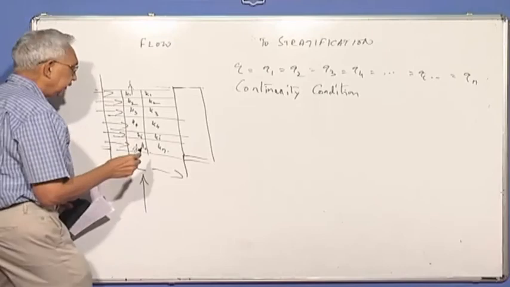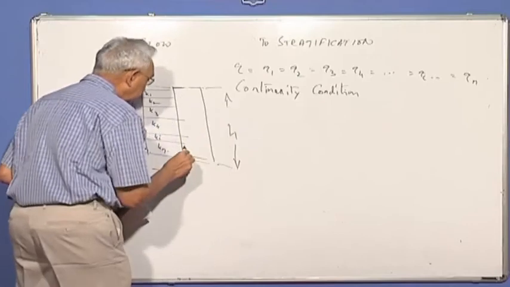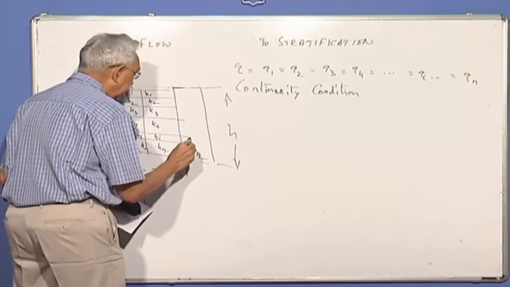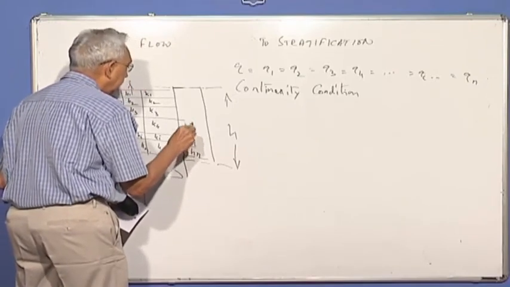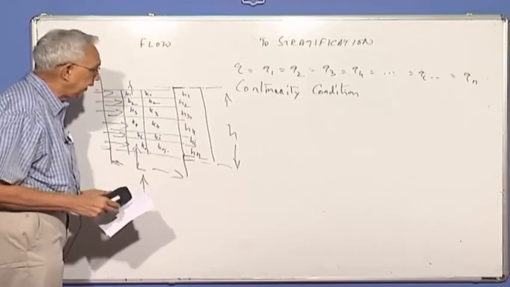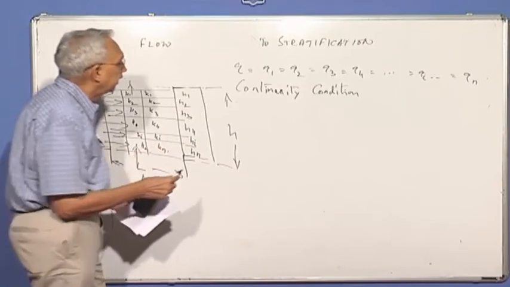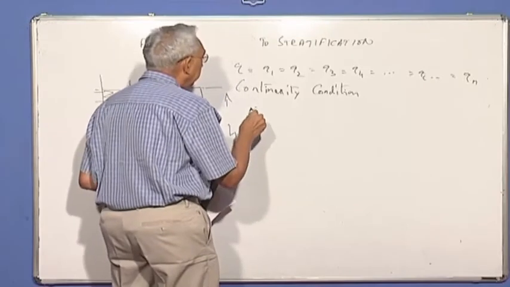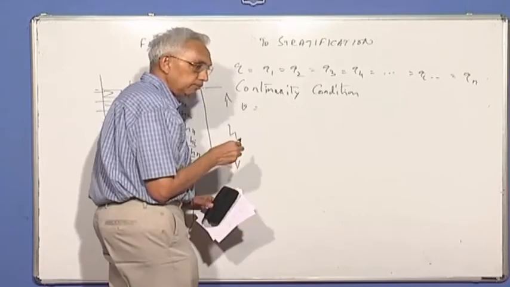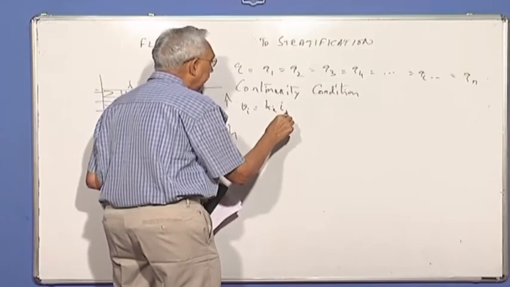But what then happens is, suppose the total head loss is H from top to bottom, the loss can be different in each layer depending on the permeability, Hi, H4, H3, H2, H1. The loss in head in each layer is different because the permeability is different. So what we find is, if I want to write it, V, since the cross-section area is the same, the velocity in each layer is Ki into Ii.